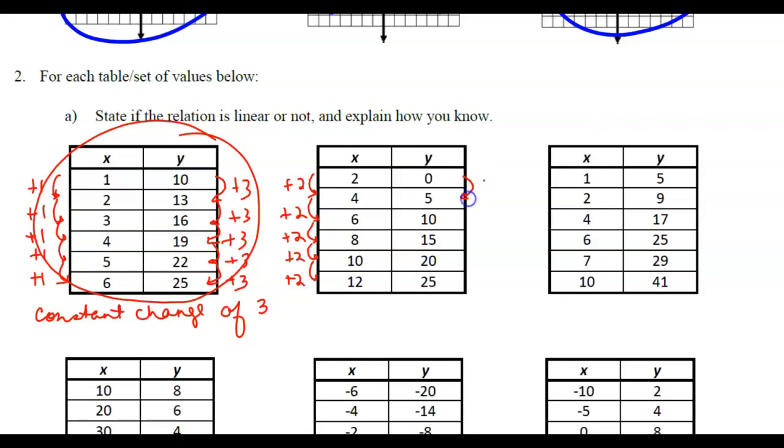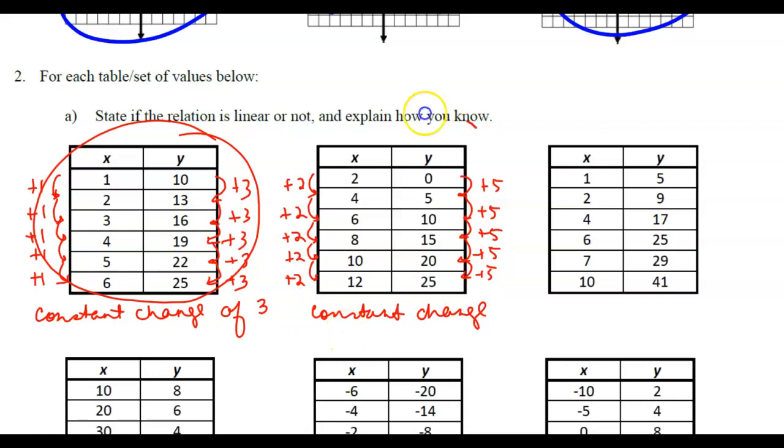Okay, so plus 3, plus 3, no, sorry, plus 3, plus 5. This is plus 5. All of these are plus 5. Okay, so it's a constant change here, right? 5 units for every 2 in x.